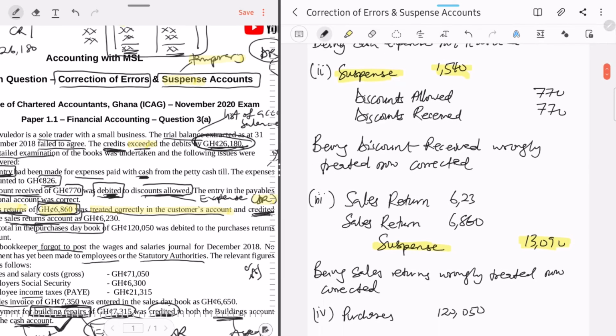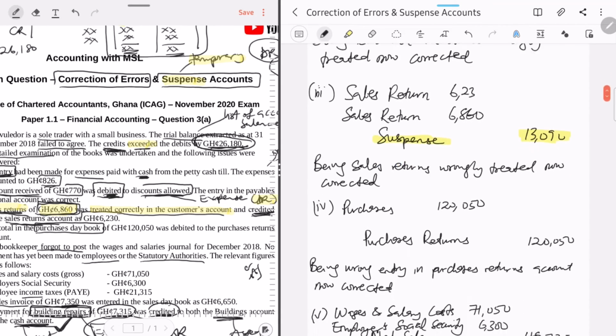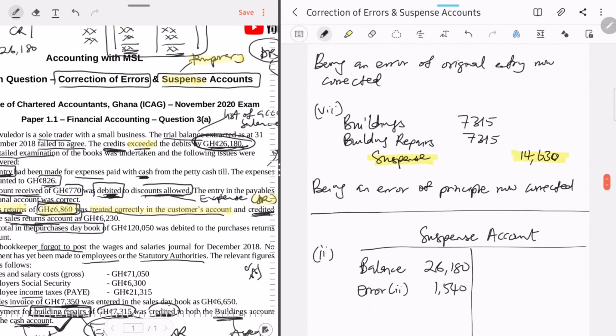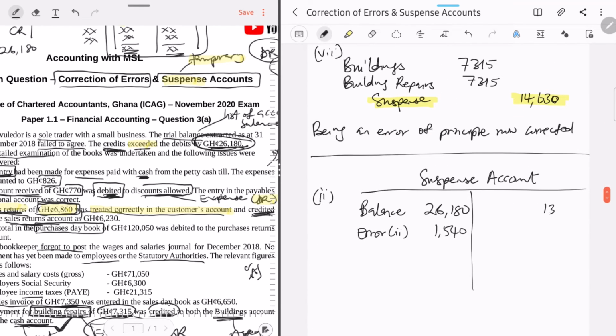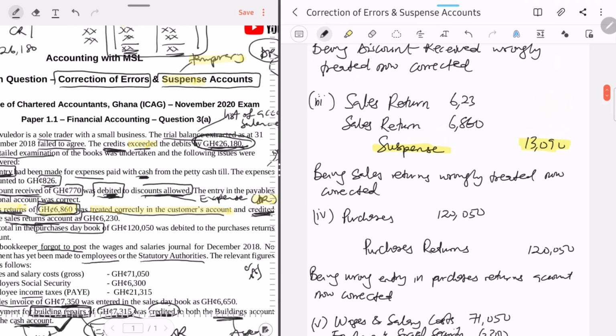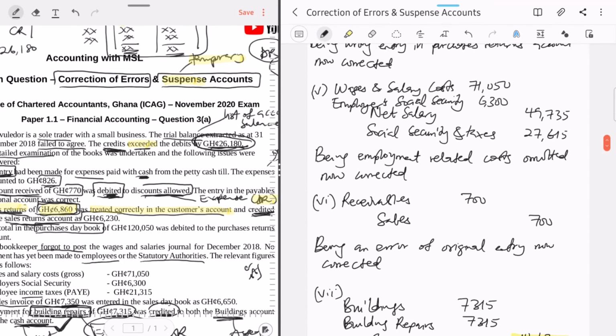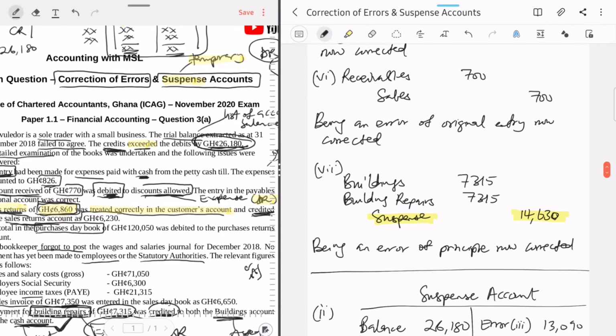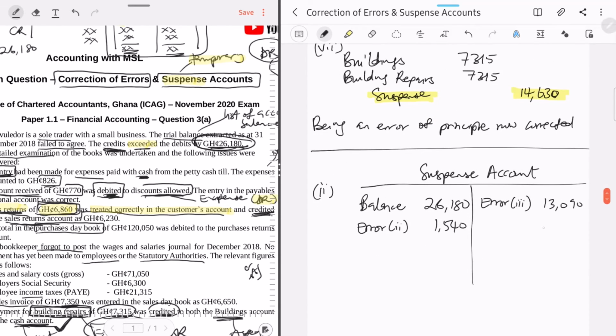The next one was error III, suspense on the credit side, right, of 13090. So I come to the credit side, 13090. This is error III. Okay. Then the next one was error VII, also on the credit side. So right here, 14630. This is error VII.